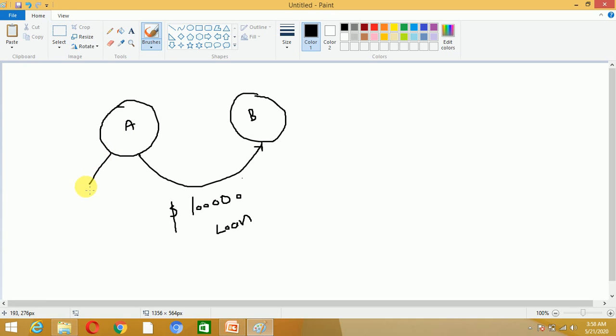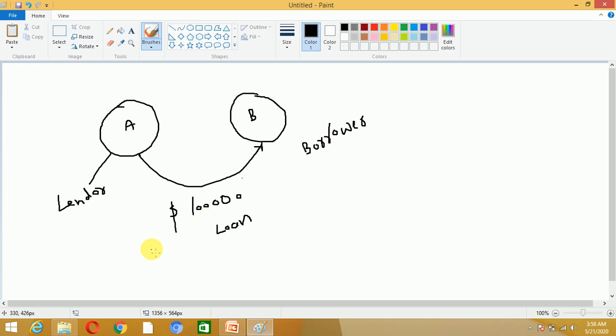So A is the lender, and B is the borrower. Lender means the person who gives the loan, and borrower means the person who receives the loan.